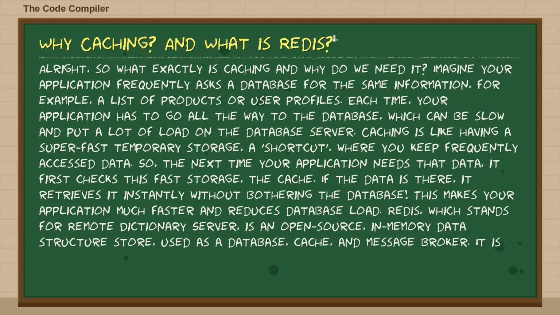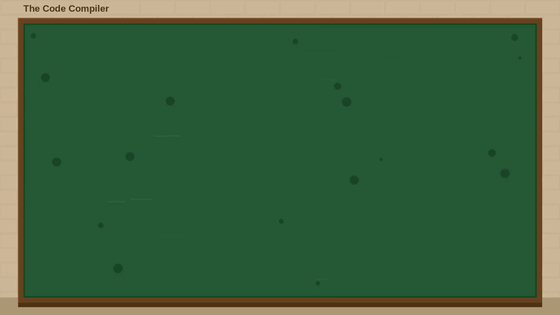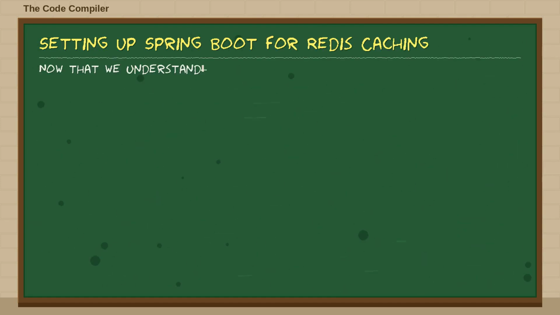For example, you can set a value like setUser 123 John Doe and get it back with getUser 123, super simple and super fast. Now that we understand the why and what of Redis, let us see how we set up Spring Boot to work with it.